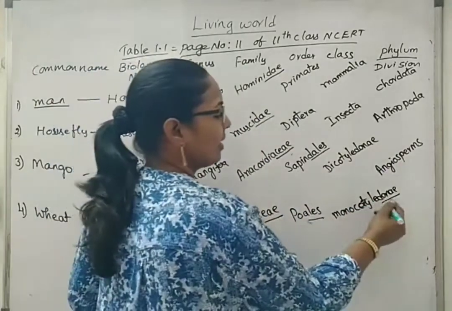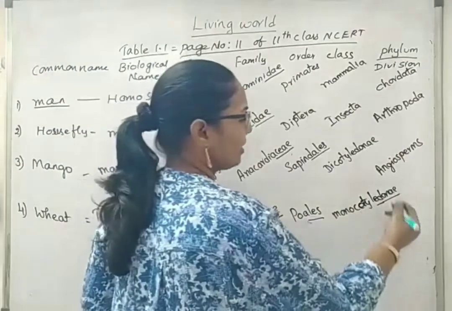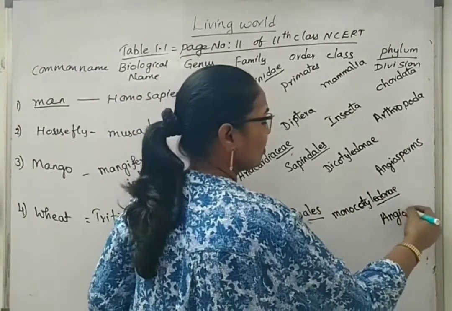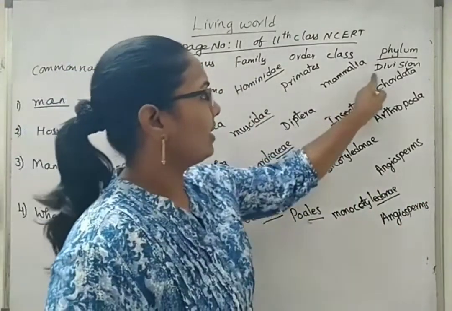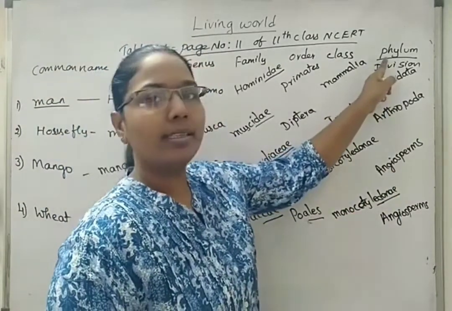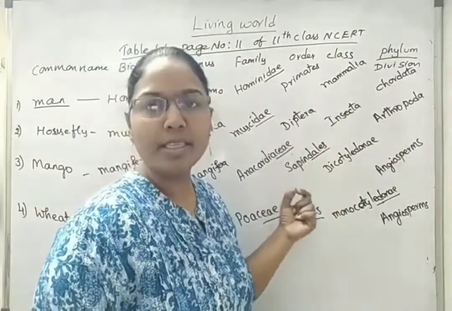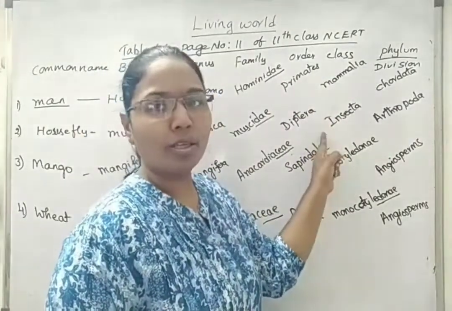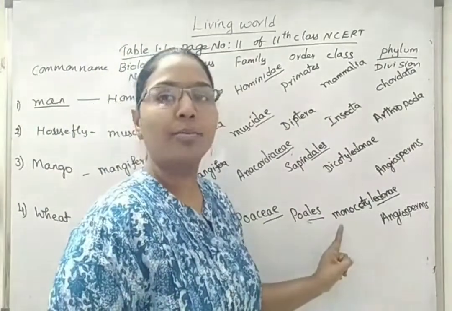At the end, LEDONAE is common under the classes. Next, under division again Angiosperms. So for plants we say it comes under division Angiosperms. For animals we use the term phylum, that is Chordata here, Arthropoda here. In this chart they have given one example under Chordata, another under non-Chordata, one under dicots and one under monocots.